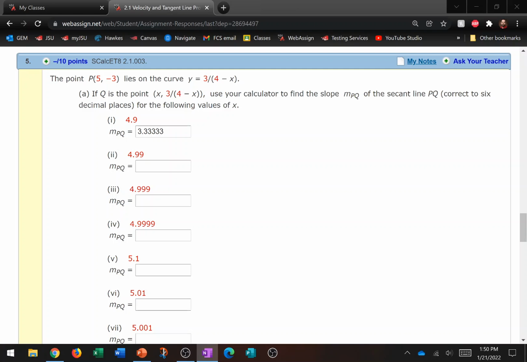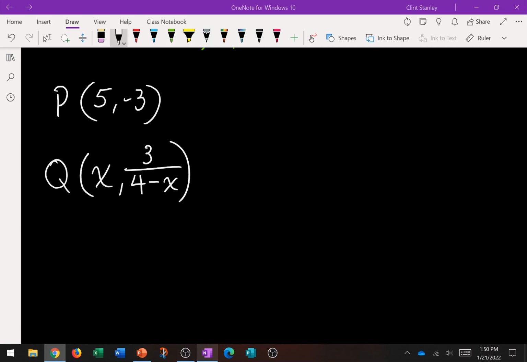So I guess I'll go down to the second one. Looks like we did the first one. I'm on Roman numeral 2 there. It says we want to use 4.99 for x. So x equals 4.99.